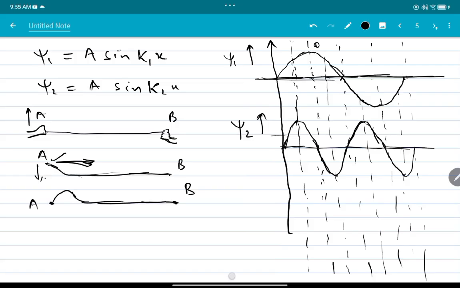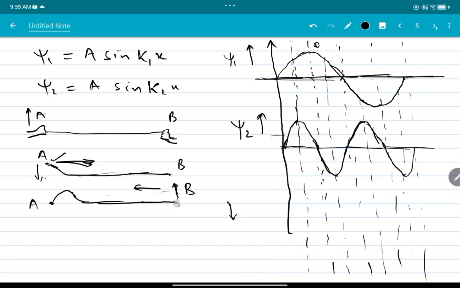Don't do anything. Now B gives a jerk to this. B has two options. B can first go up and then come down, or B can first go down and then come up. If B goes first up and then comes down, he will produce a crust. That crust will travel towards this crust. Let us first analyze that.